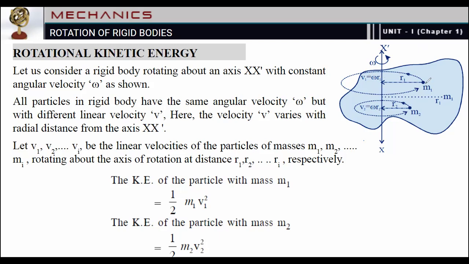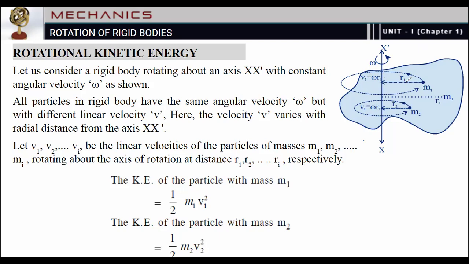So the particle m1 is rotating about the axis XX' with velocity v1 equals omega r1. Comparing to the second one rotating about the same axis, v2 equals omega r2.